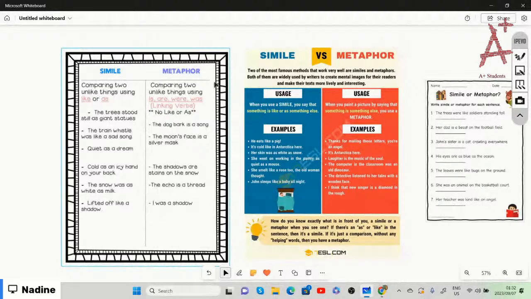The dog's bark is strong. The moon's face is a silver mask, right? And then we have examples of metaphors. It is comparing two unlike things, unusual.